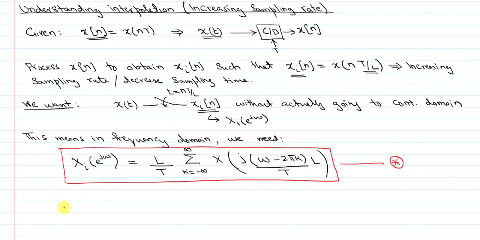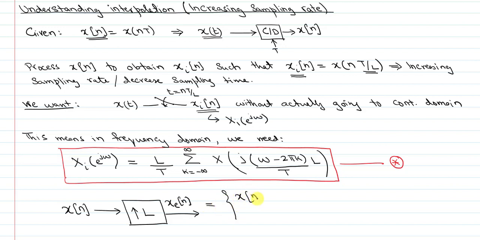While we want this relationship, so far the only block we have learned is that we have x[n], and we can pass it through this upsampler L, which is also called an expander because it expands the original sequence to get x_e[n], which is defined as x[n/L] for n equal to 0, plus or minus L, so multiples of L, and 0 otherwise.